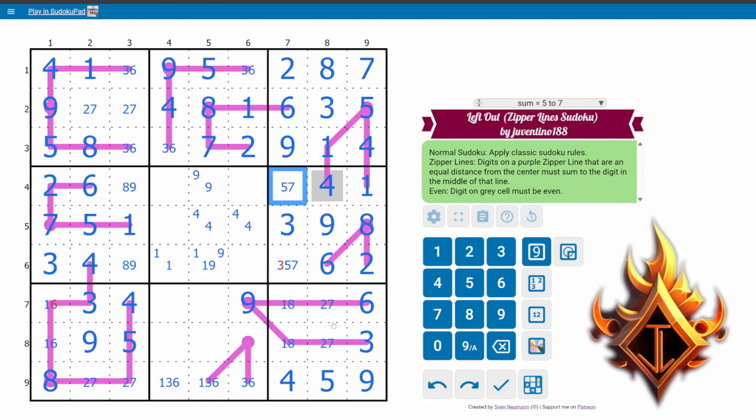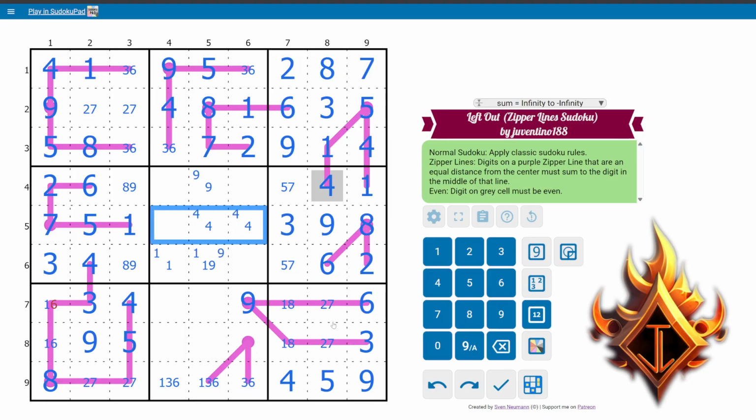That is 3. I know these 3 as well. 2, 4, and 6.